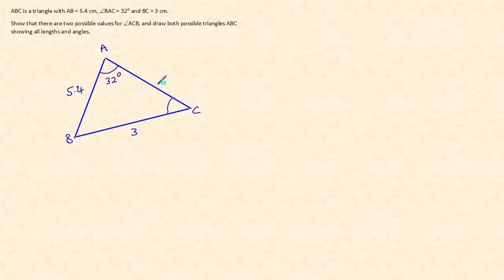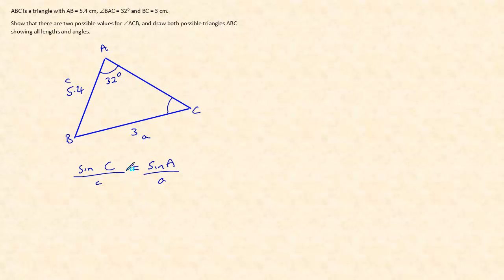So, if this side is C, this is little c. If this is A, this is little a. We know both A and a, so we're going to use the sine rule. And I'm going to use that sine of C over c is equal to sine of A over a.